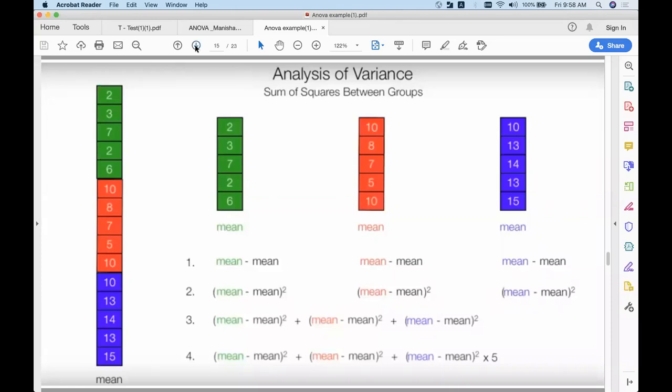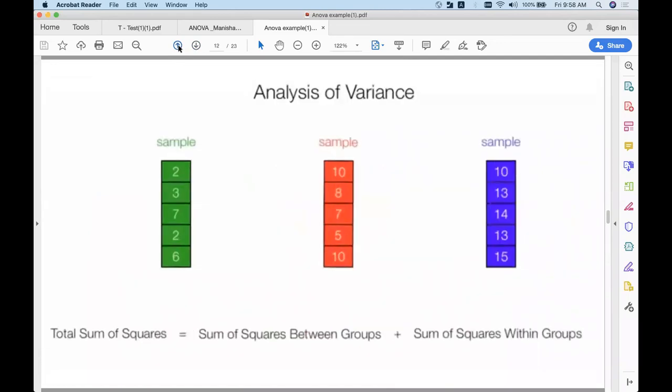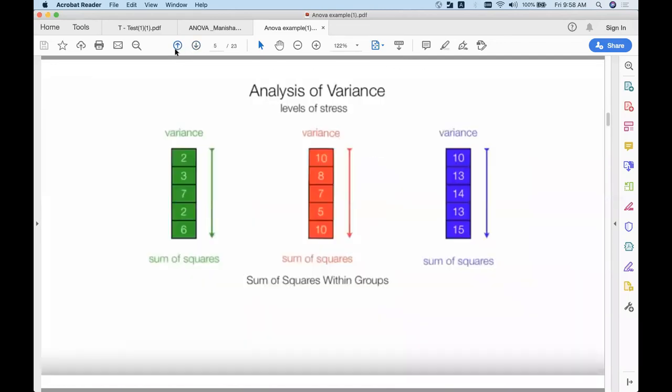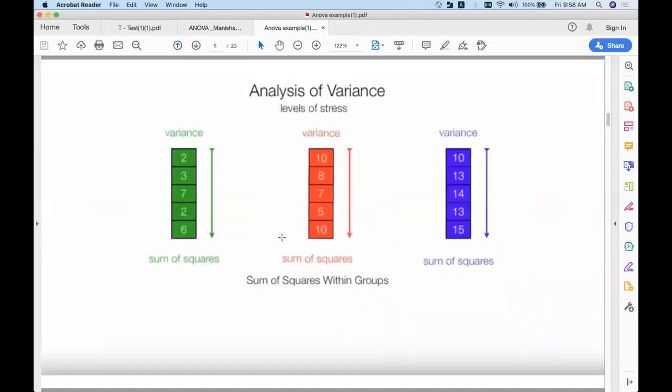If I explain in a hurry, you guys will not understand. But I hope you guys are following through. So let me explain in simple terms. What we do is we find the sum of squares within the groups, we find the sum of squares between the groups, then we find the total sum of squares.